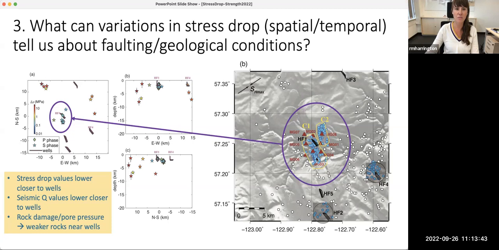She found consistently that the seismic quality factor close to the wells was lower, by her estimates, which would be consistent with what we understand from the process: the rock damage and or the pore pressure should be greater closer to the well, where you're creating this fracture network. That's the whole point of doing the hydraulic fracturing, and it's consistent with what we estimate with the seismic Q values.